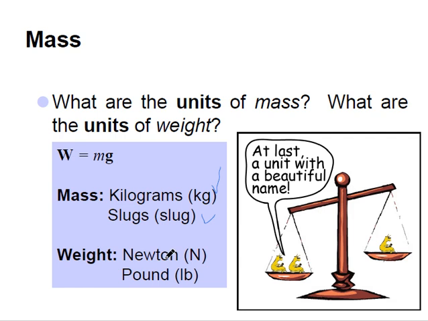And then your weight is Newton, of course. I already told you, pound. So that's your SI, and then this one is your US. Mass is kilogram, slug; weight is Newton and pound. So weight is derived from the mass using the formula already.